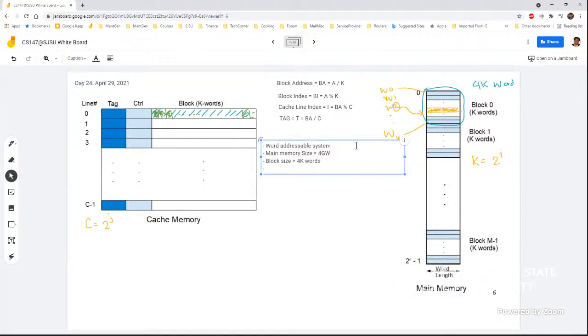And the number of cache lines is, let's say, 1024, which is basically 2 to the power 10. 4K words means 2 to the power 12 words, so each block has that many words.